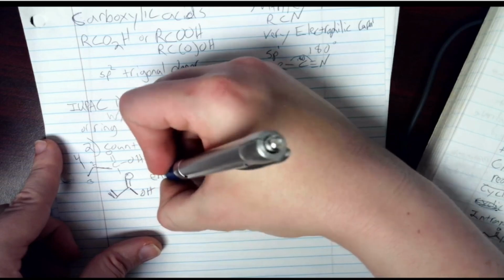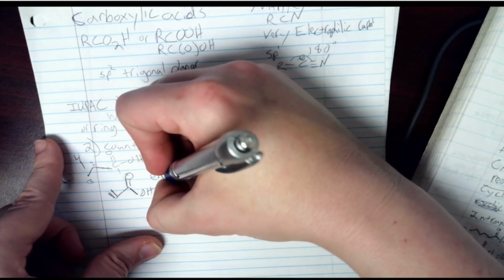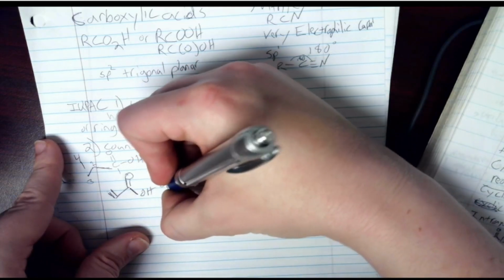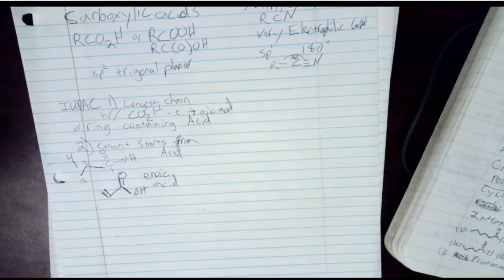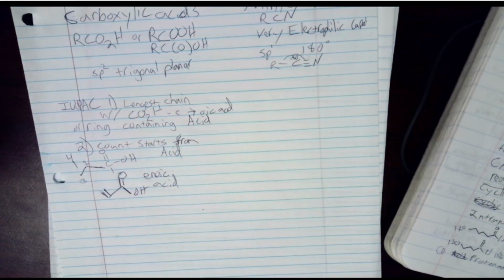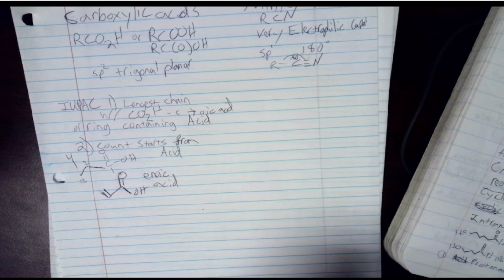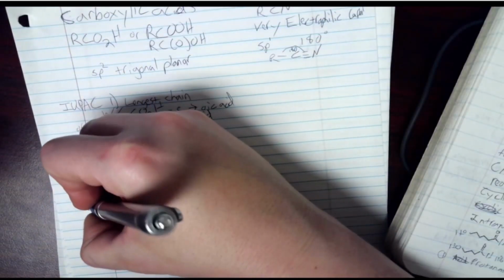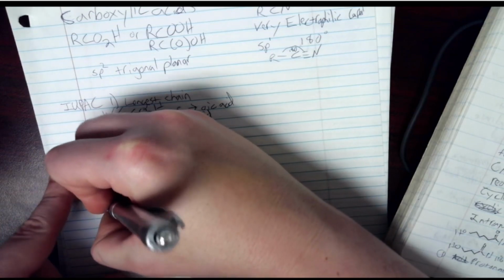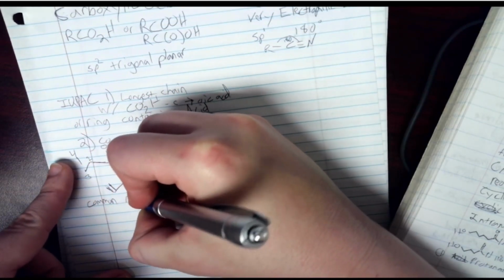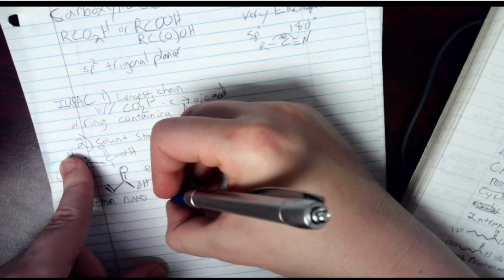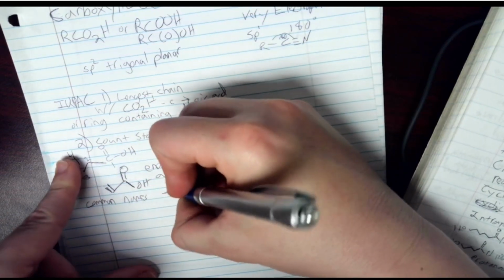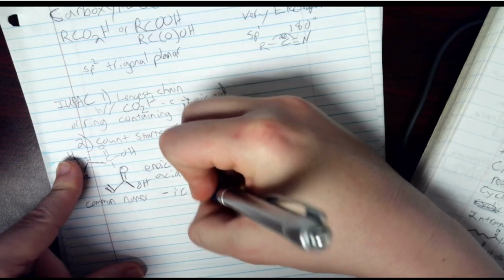This would be an enoic acid. It doesn't have to be a methanoic acid or whatever. We're not going to name these this way in most common names. It's just going to be what is the group, and then ic acid.